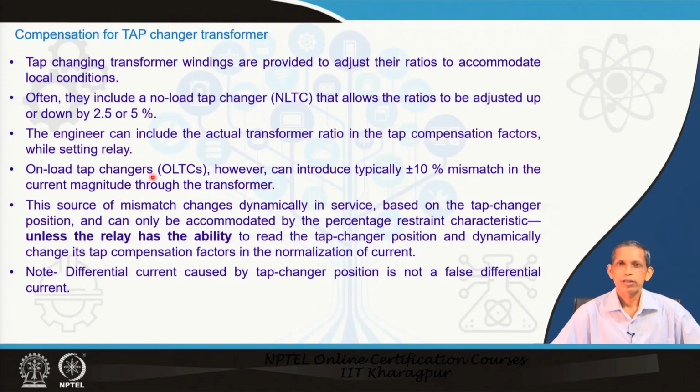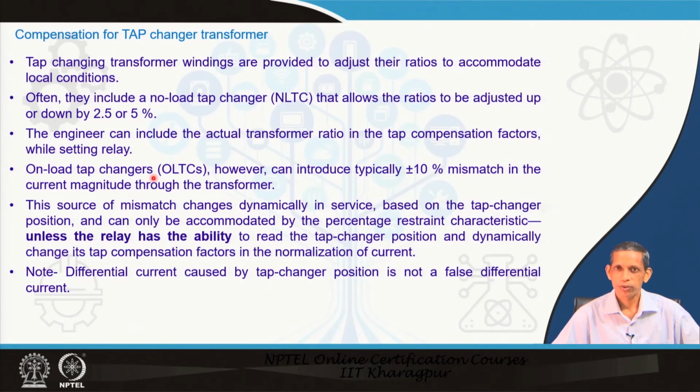Then there are on-load tap changers. This is more challenging. On-load tap changers mean that during different situations in operation of the system, the tap position of the transformer changes, and thereby the corresponding differential current is expected to be high even though there is no fault.